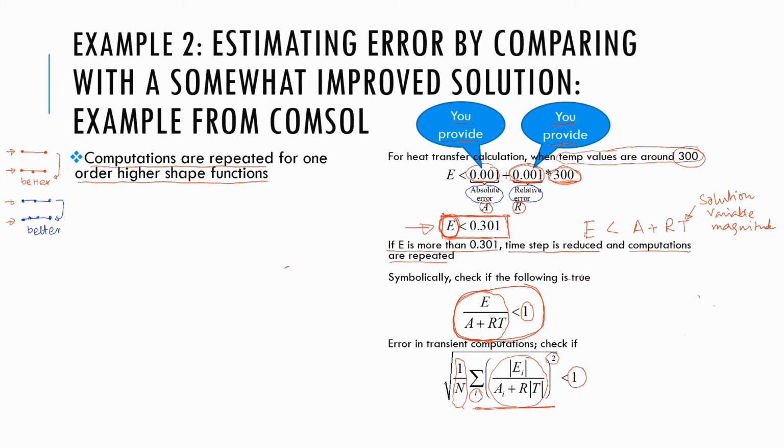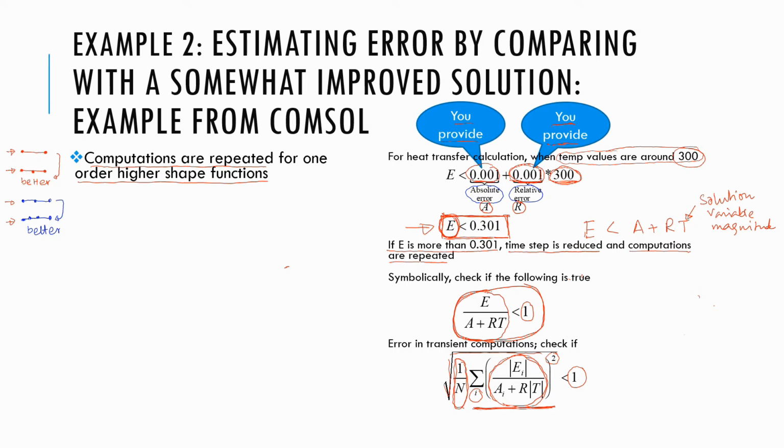We take the square of this quantity, add them up, multiply by 1 over n, and take the square root, and we want that to be less than 1.